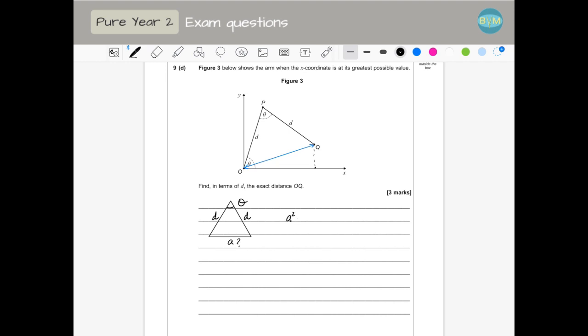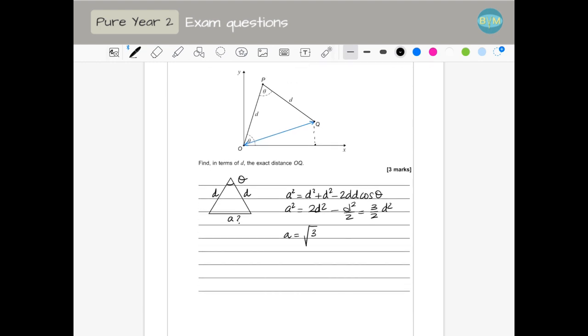So I know that a squared is going to be one side squared, the other side squared, minus 2 times one side, the other side, cos of the angle in between. And I know everything here, in terms of d. So I have that a squared is 2d squared minus, cos theta is 1/4 times 2 is 1/2, so minus d squared over 2, which is 3/2 of d squared, which means that a is the square root of that.